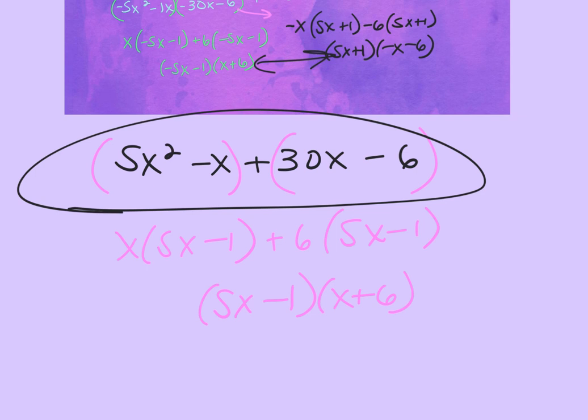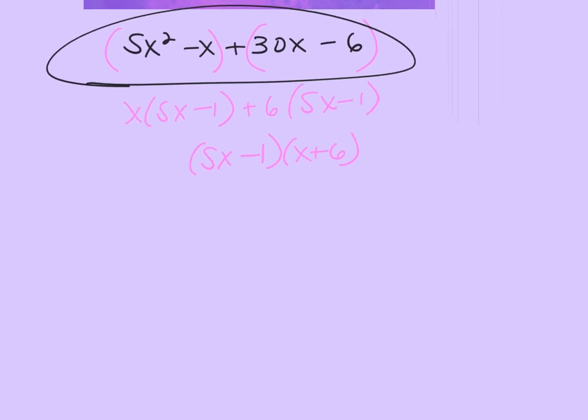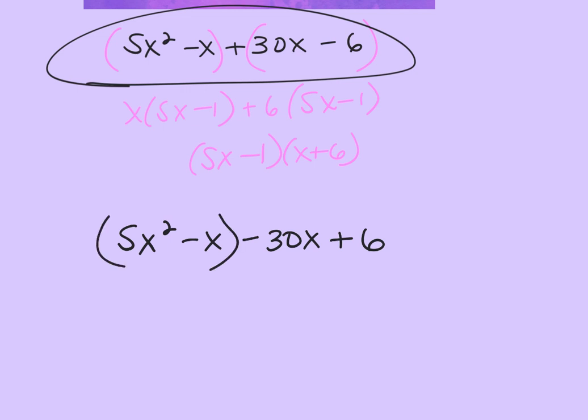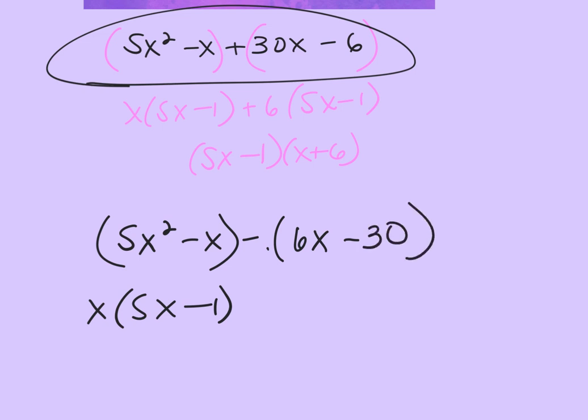But you'll also see it where they're opposites. So let's say it said 5x squared minus x and then negative 30x plus 6. When I group this, I take out the x, I get 5x minus 1. If I take out a negative 6, I get 5x minus, no, sorry, it's not that one. It would be 6x minus 30.